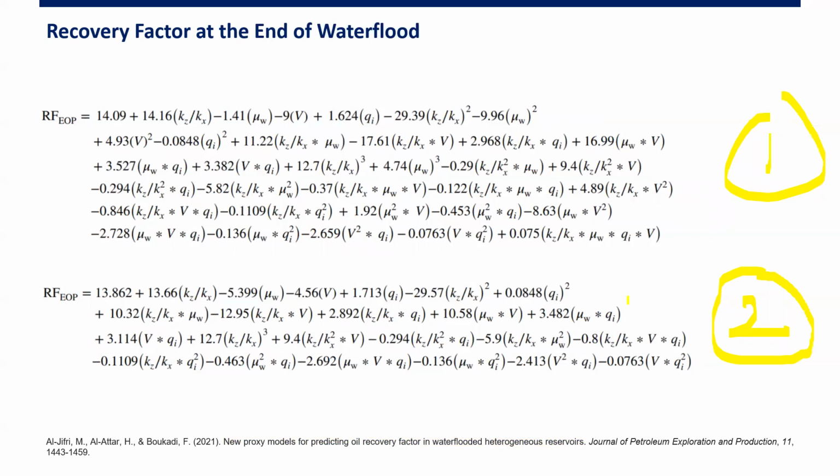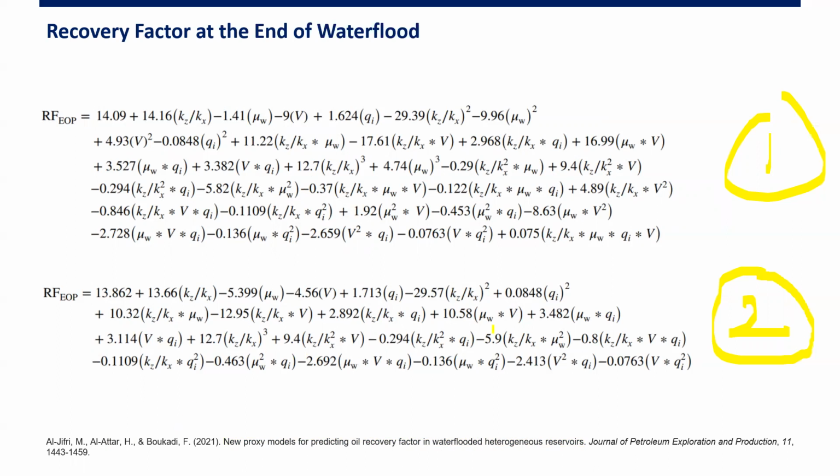From those results, they performed statistical analysis to come up with these correlations, and compared the simulated and the predicted. The result is quite good, so you can read this paper.